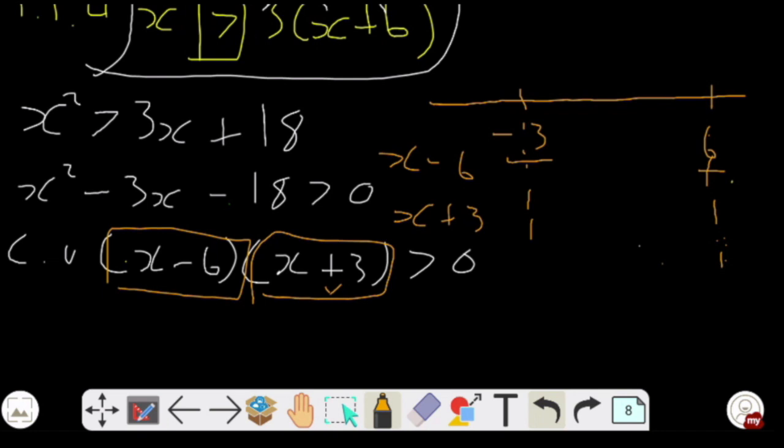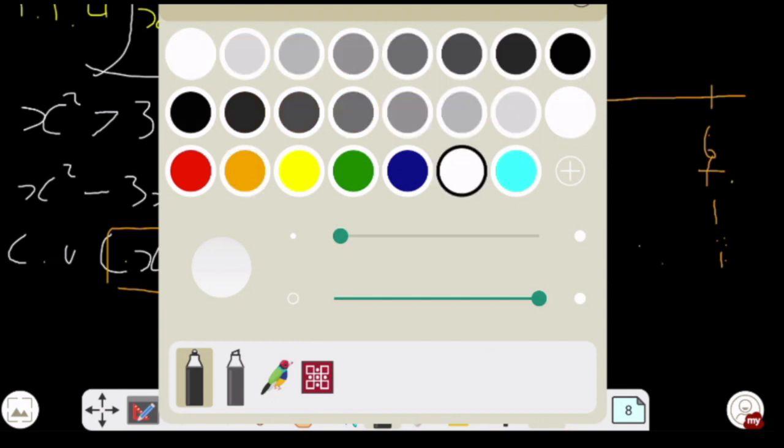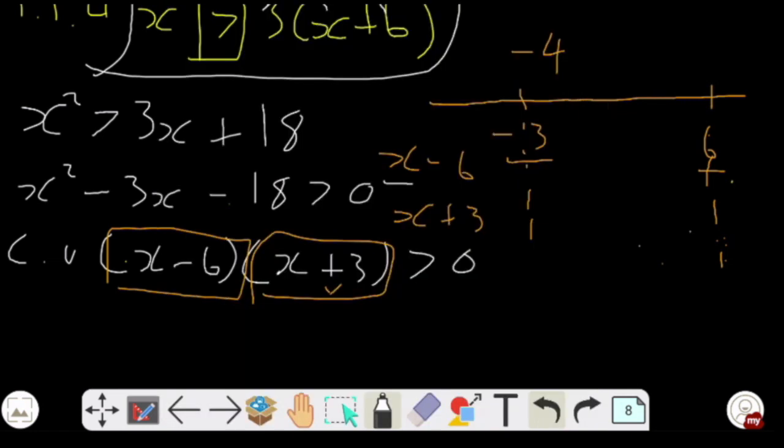Now what I normally do is take any number which is less than 3 and substitute it in one of our critical values. Let's take minus 4 and substitute it here. So it's minus 4 minus 6, and we only take the sign for that.